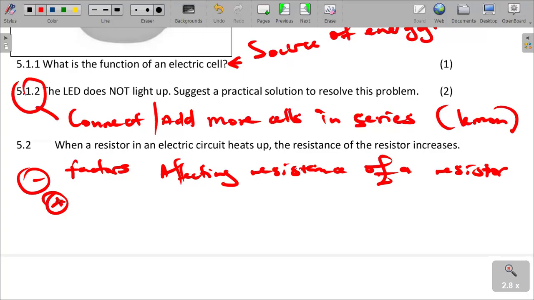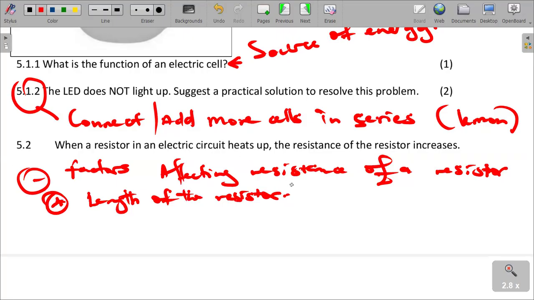So we need to understand that it is, one, length of the resistor. I think you remember that I once gave this one. In terms of the length of the resistor, you need to know that the longer a resistor, the higher its resistance. Also the shorter, the lower its resistance.